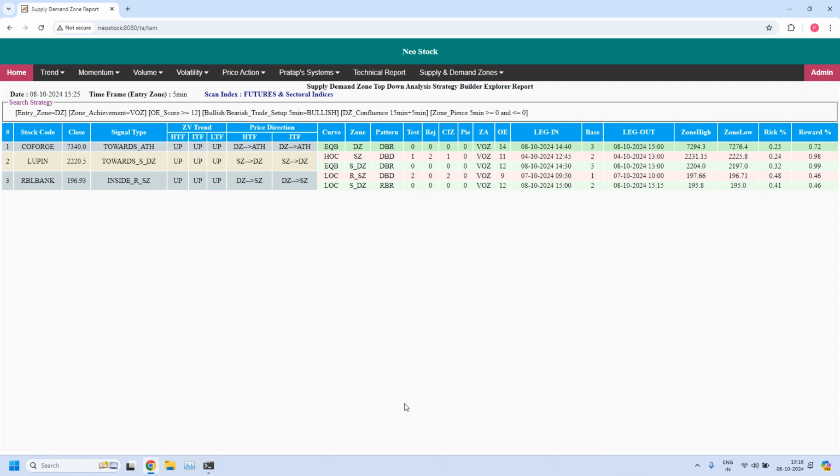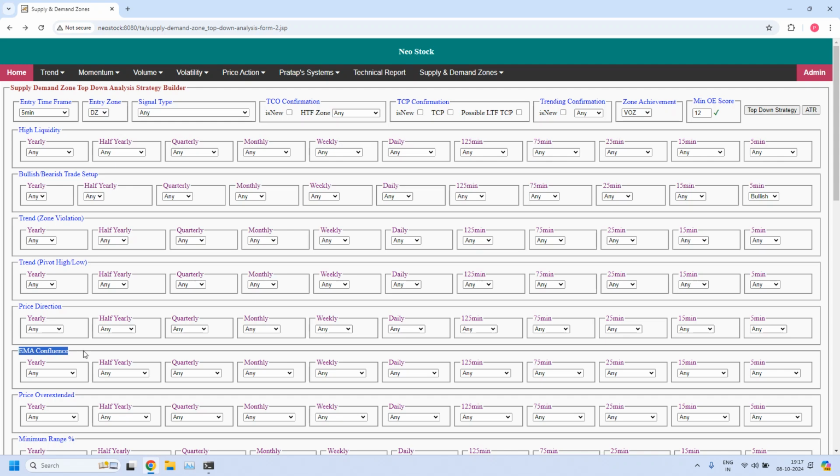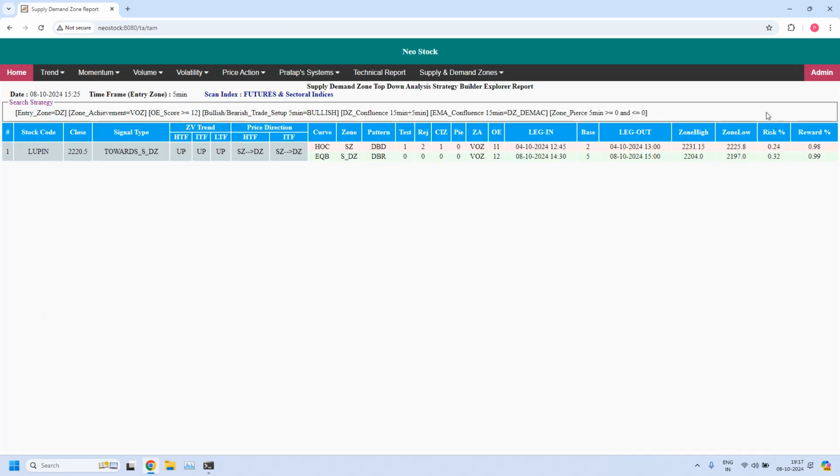Let's check out of 3 any of these 15 minute zones are having daily EMA confluence. In the EMA confluence at 15 minutes time frame I am verifying 15 minutes demand zone with daily EMA confluence. Oh, 1 stock is filtered. It's a high probability setup.